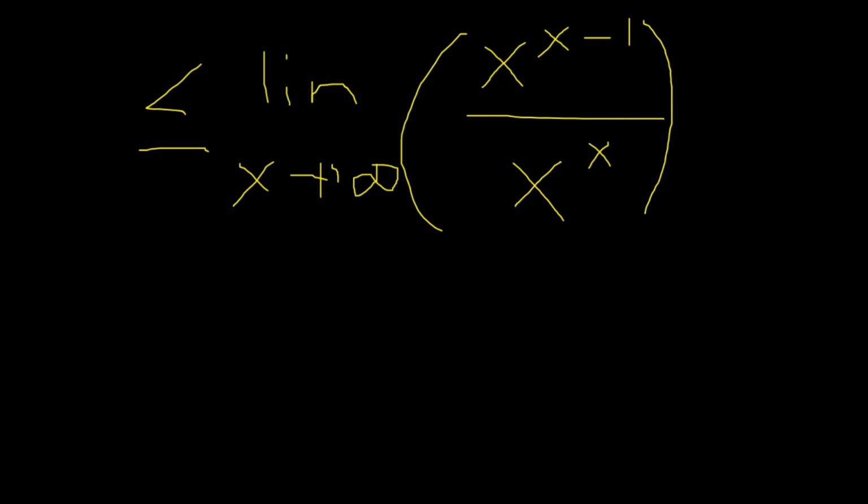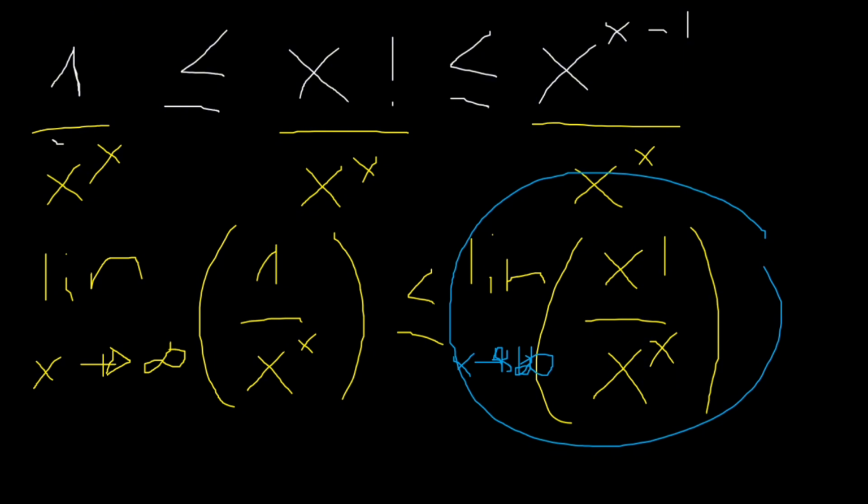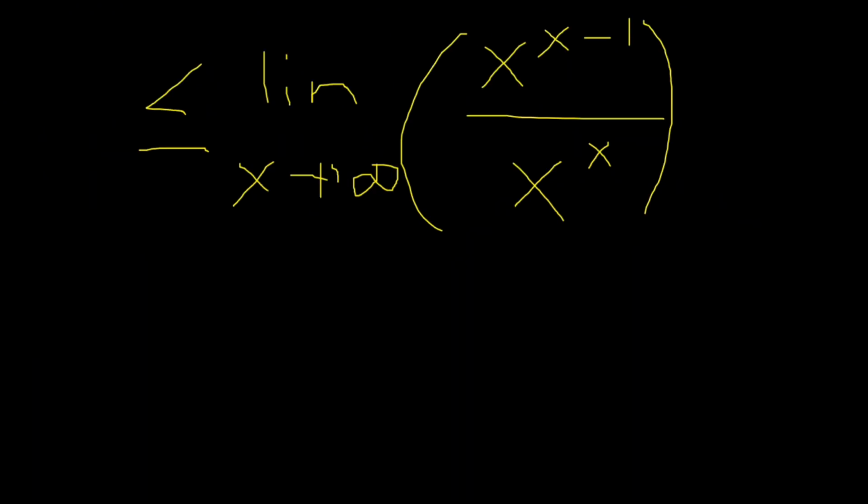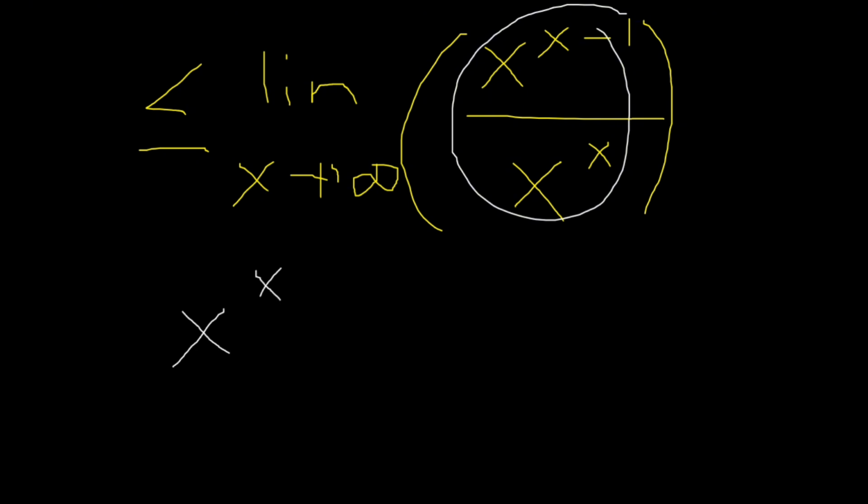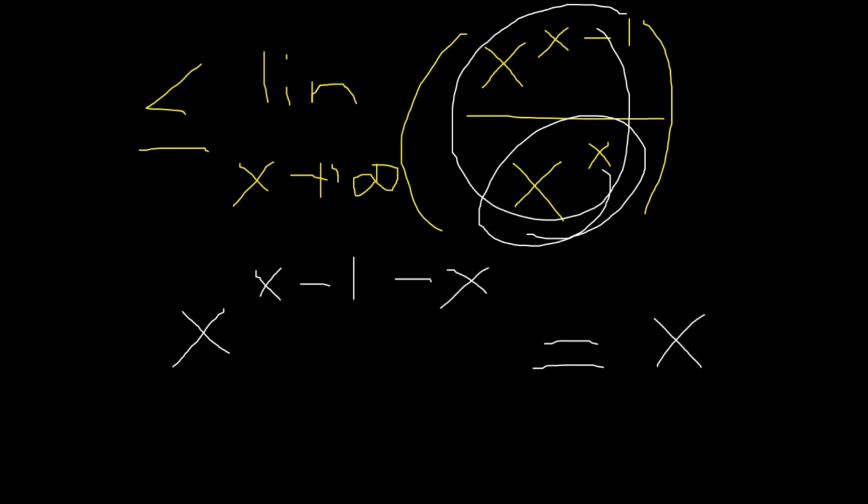Hence, solving this will tend directly to 0 because 1 over infinity tends to 0. At the other point, if we further simplify x to the power x minus 1 all over x to the power x, we bring this up and have minus x, that will be x to the power minus 1, which is equal to 1 all over x.